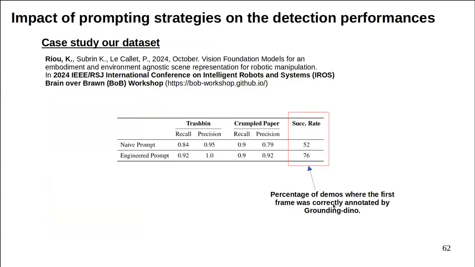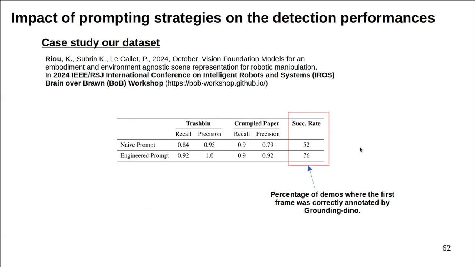I want to point out that we investigated different prompting strategies to improve the detection performance, especially of the vision and language model that detects the objects from the prompt. We presented a paper at IROS 2024 on this contribution. I will not dive into it today, but I will explain it in a few words.